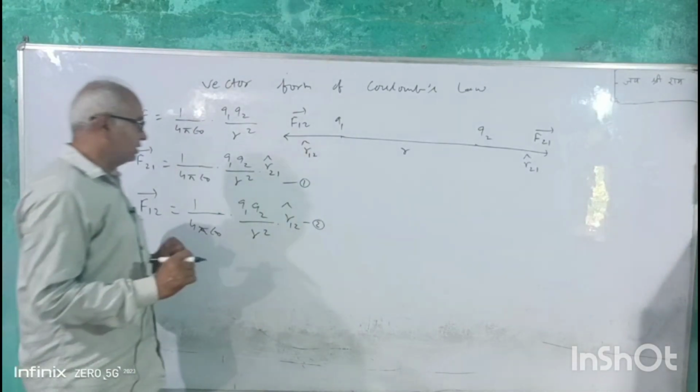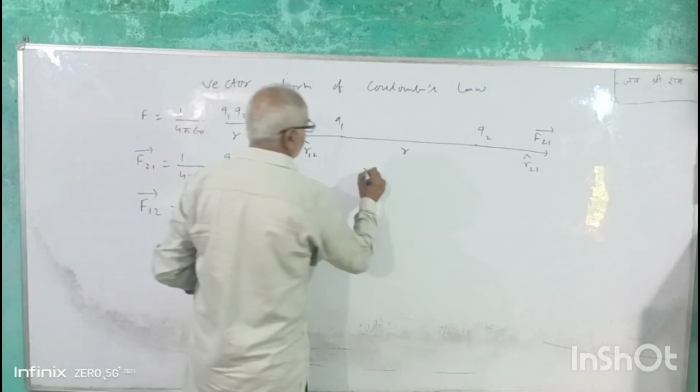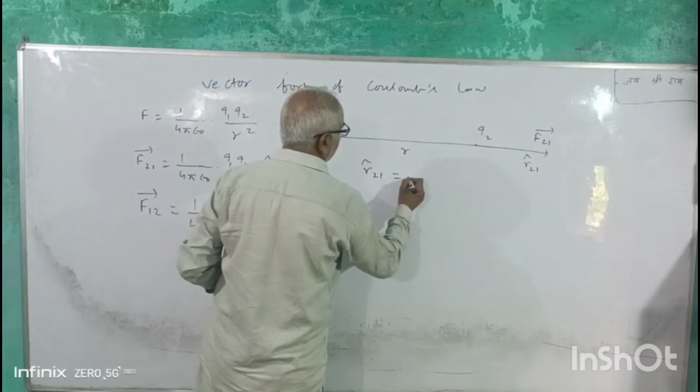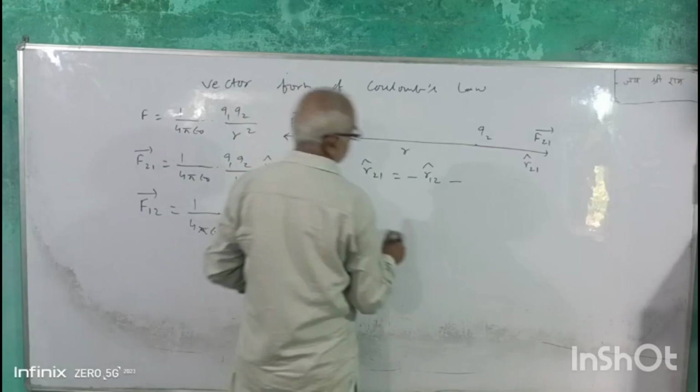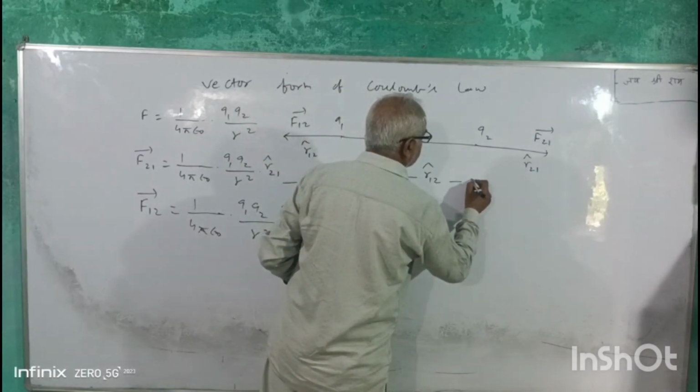From the figure, it is clear that r21 cap is equal to minus r12 cap, because these are unit vectors and their direction is opposite.